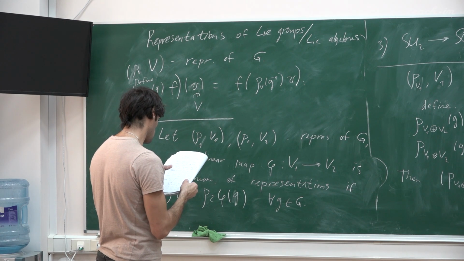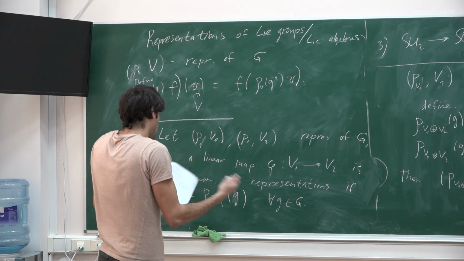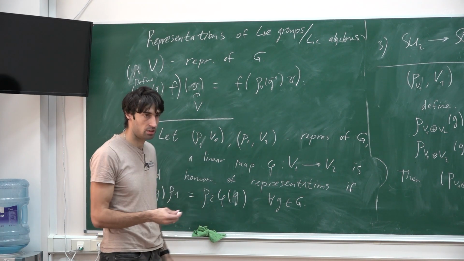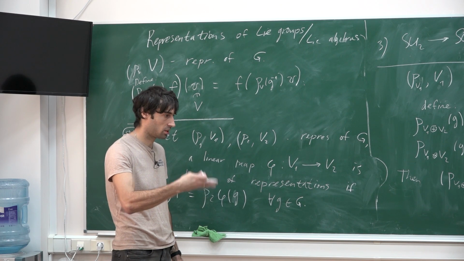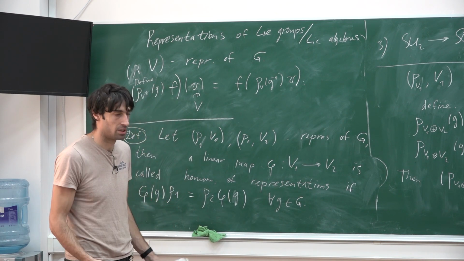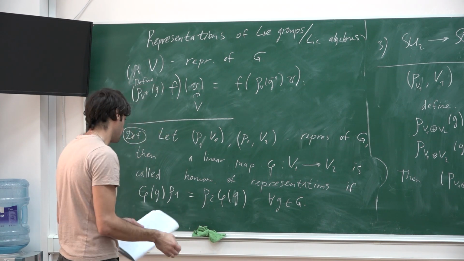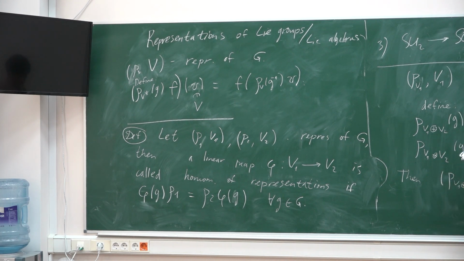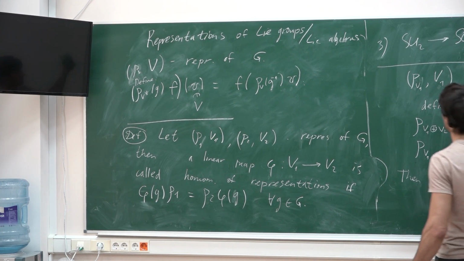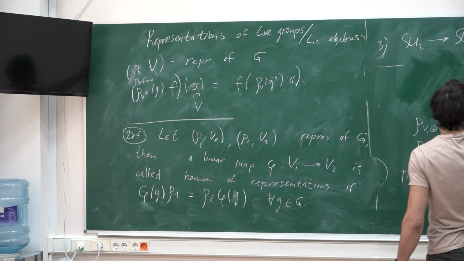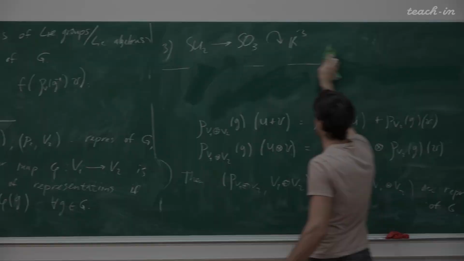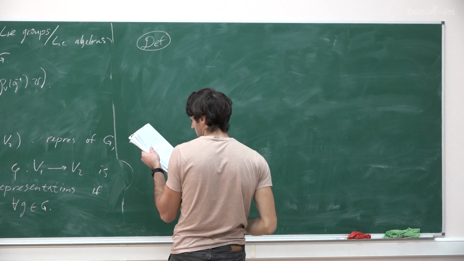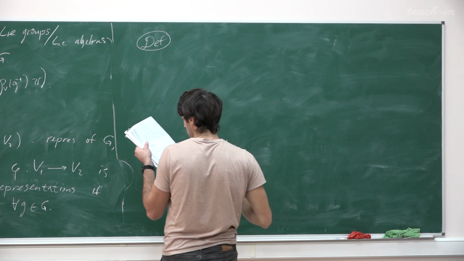All right. So then we have two representations isomorphic if phi is an isomorphism, if it's a homomorphism of representations, and this is an isomorphism of vector spaces. All right. Now let us discuss briefly what are representations of Lie algebras. Well, again, the definition goes completely in analogy with representation of a Lie group.